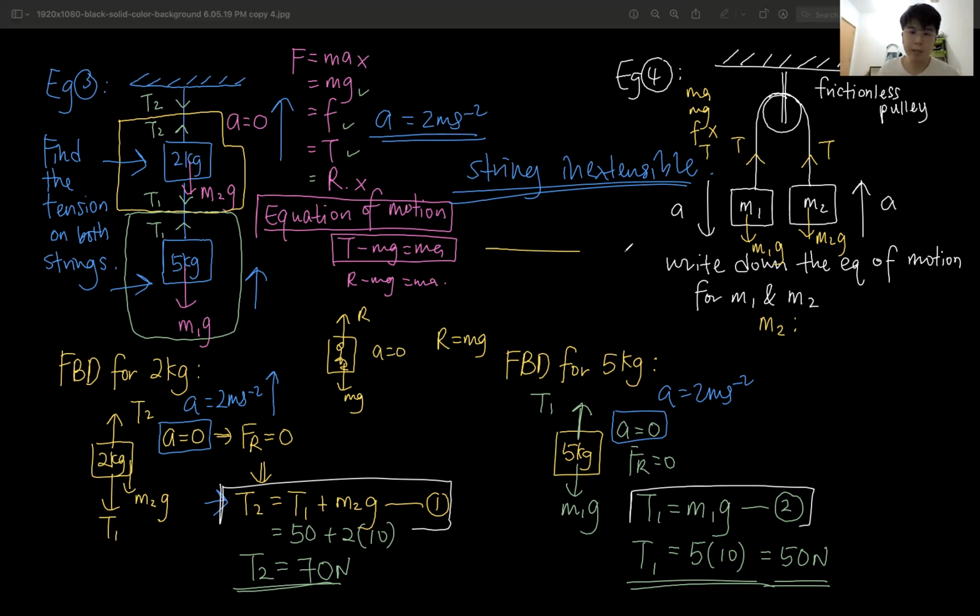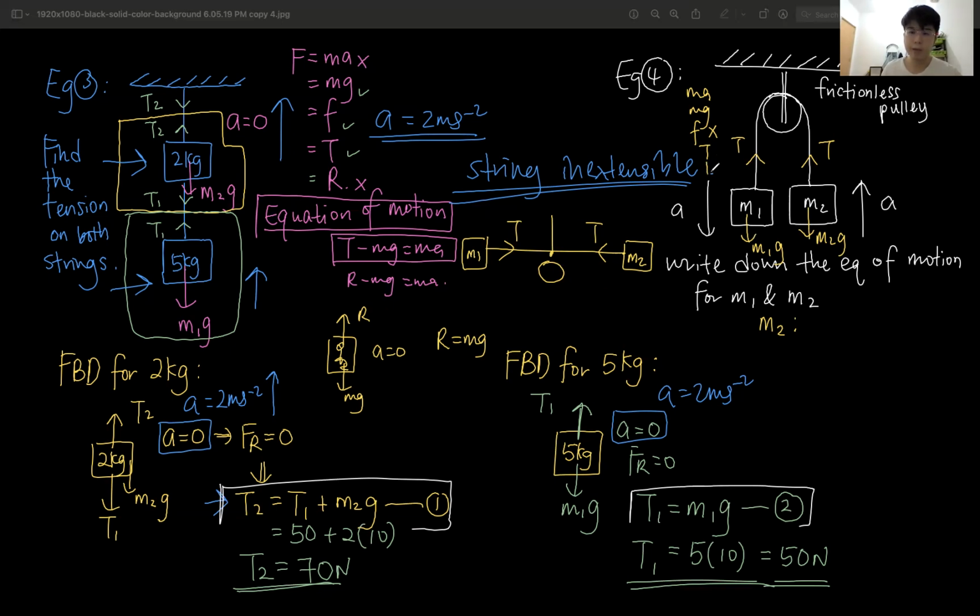The string is straight between M1 and M2, so the tension is T, T. It is the same string, same tension, and we label inward. The pulley in the diagram is like you just hang the middle here. So T, T, and M1G.